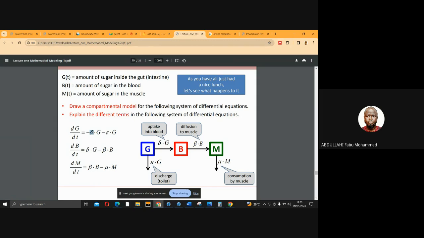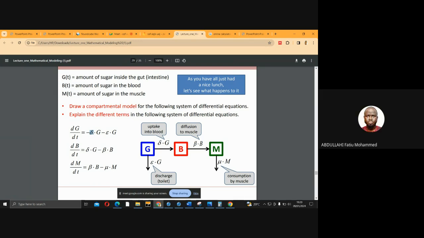So now, from the blood, we have another one going into the muscle, which is diffusion, which is beta B. Now the big B, that is minus from the blood into the muscle.